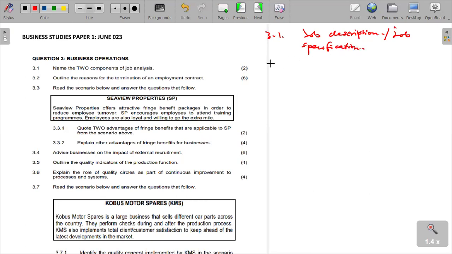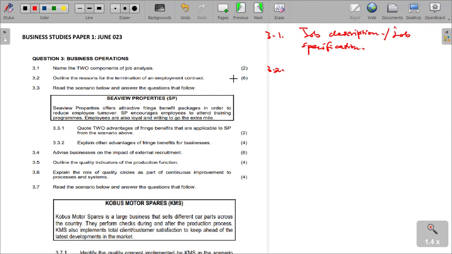It can also be another point that we need to look at. And then 3.2 says, outline the reasons for termination of an employment contract. What might cause an employee to be laid off from his position or released?